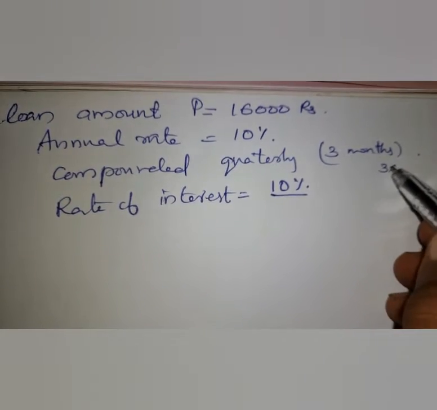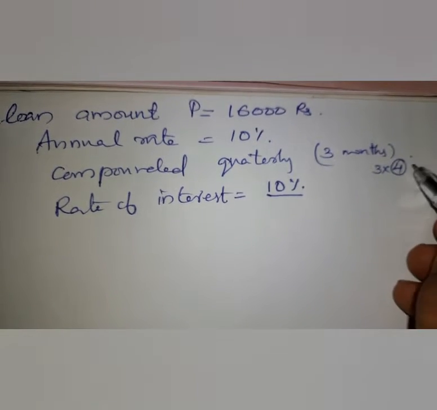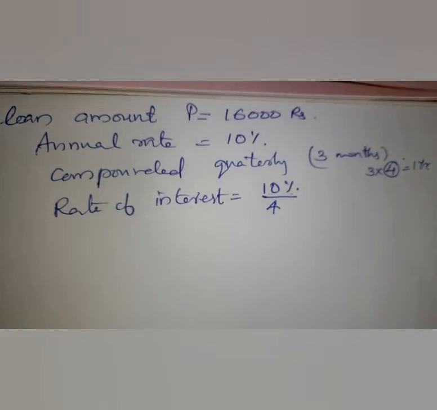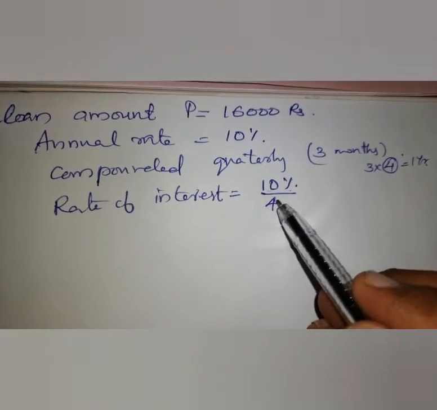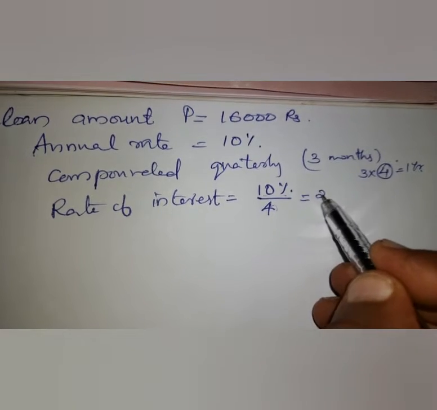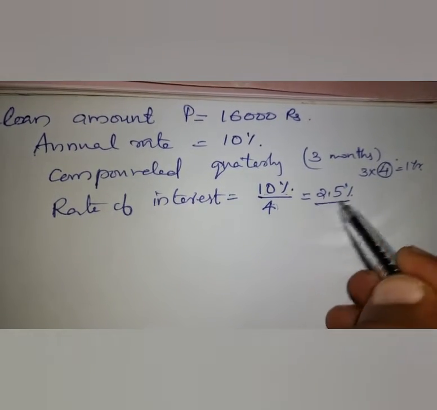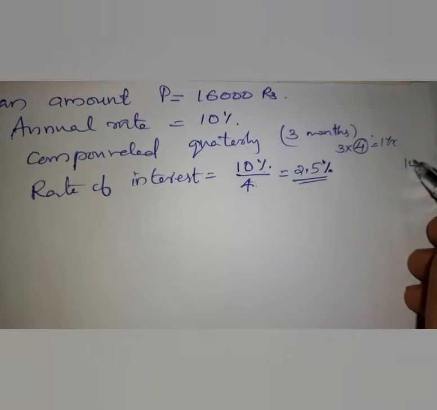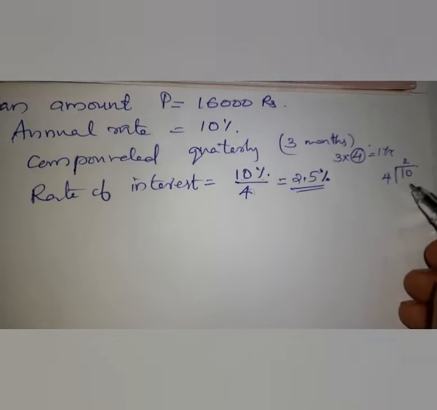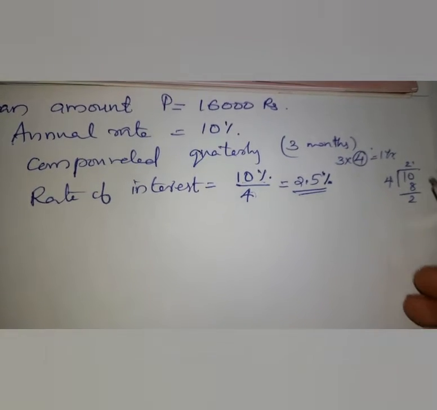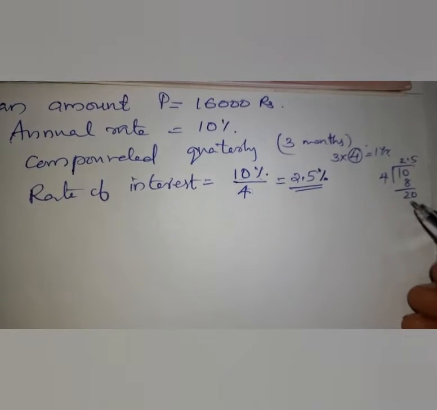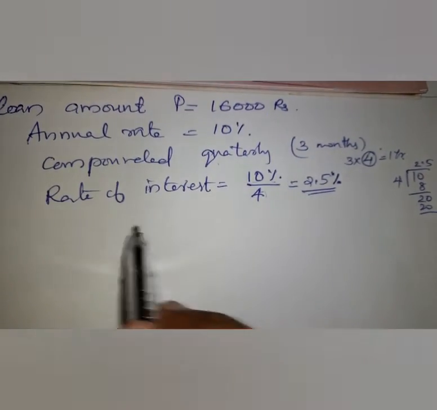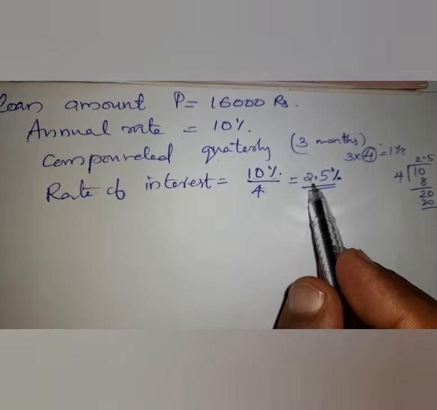So 3 months into how many times? 4 times, that is 1 year. So 10% by 4, because quarterly it is calculating, that is why 4 times. How much percentage are you getting? 2.5%. That is the rate of interest for every quarter. 10 by 4: 2 times 4 is 8, remainder 2, so 20, 5. So 2.5% quarterly.